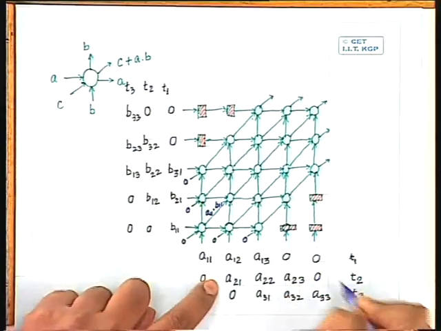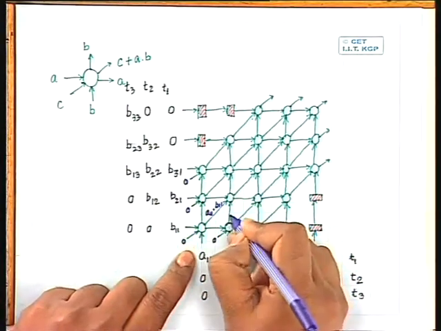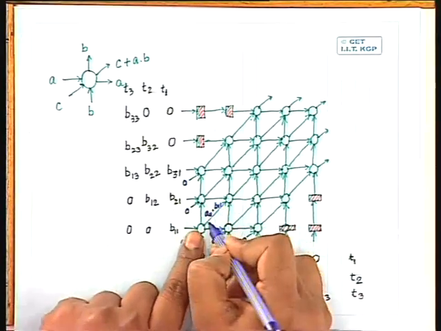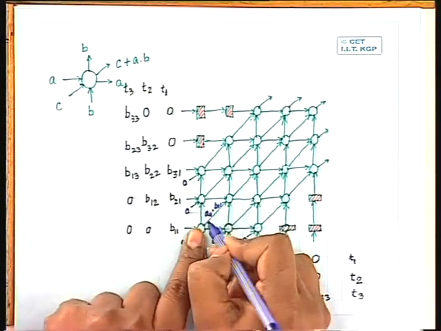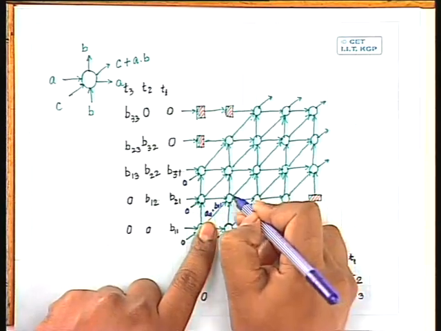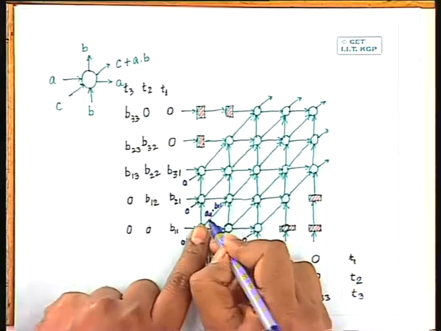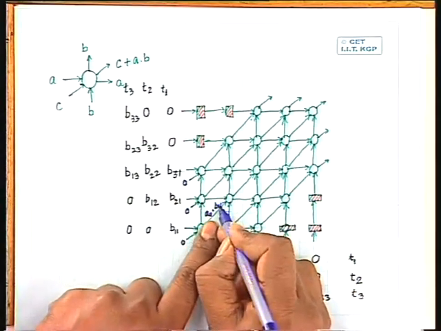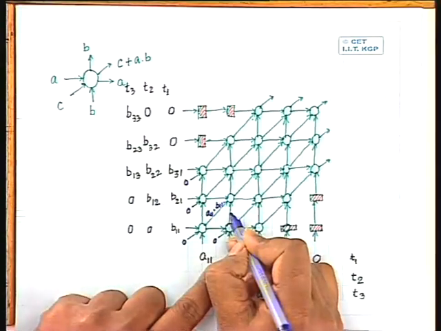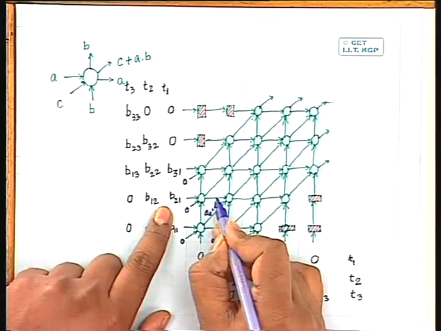So after time instant T2, what I will get here? Here I have A12 available, here I have B21 available, and in this diagonal direction, I have A11 into B11. So in this diagonal output, I will have A11 into B11 plus A12, which is already available on this link, into B21, which is already available on this link.